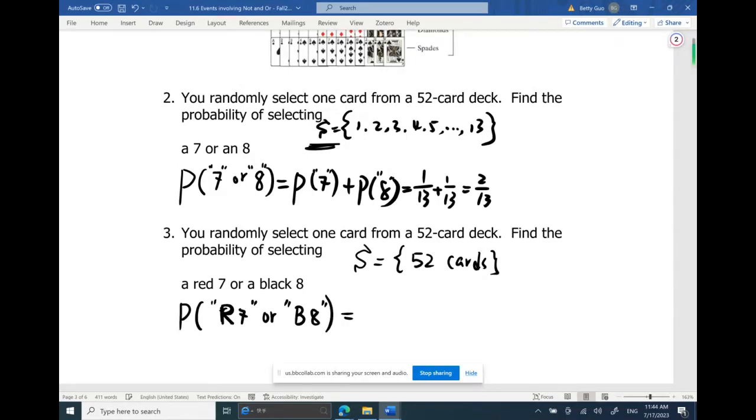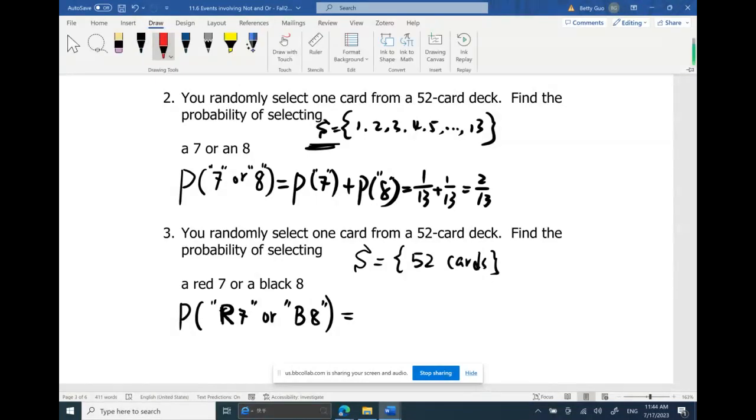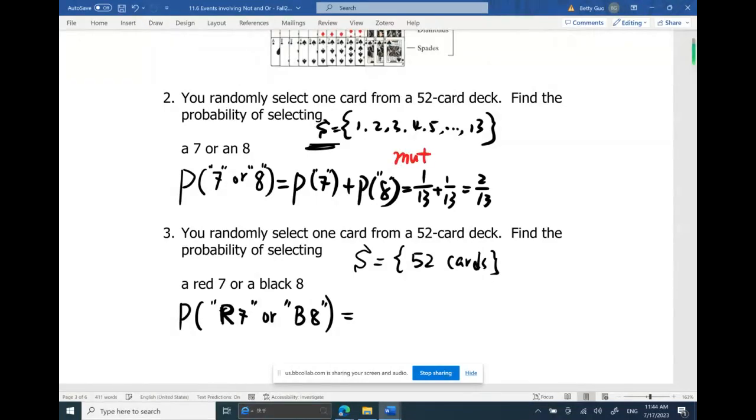This is a word problem. Then we need to determine, are those two events mutually exclusive or not? I recommend you write it down on your scratch paper like earlier. Mutually exclusive. Write it down. Okay. So what about this?